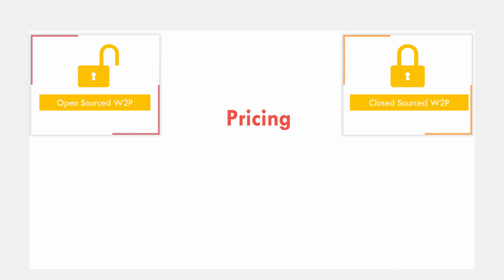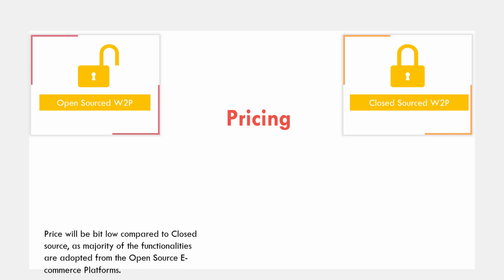My second option is pricing. Since an open source web-to-print solution has more than 70% of the functionalities freely available on GitHub, the pricing ought to be less compared to a closed source web-to-print solution.